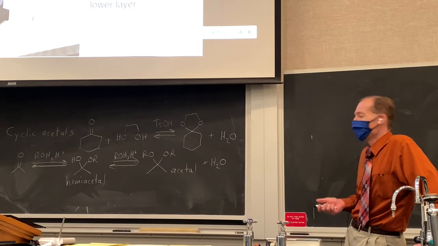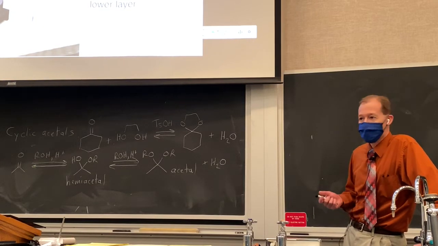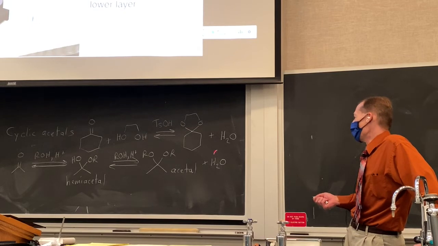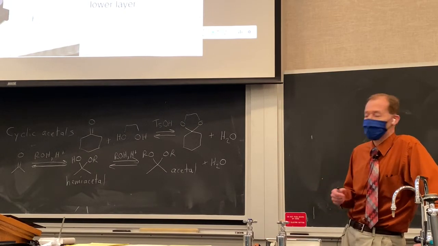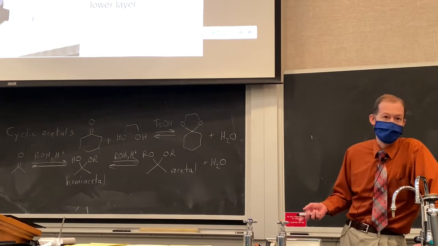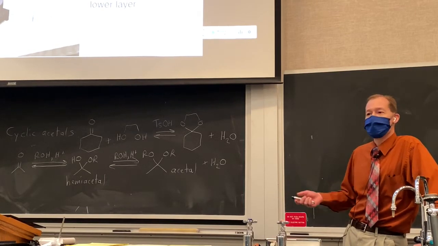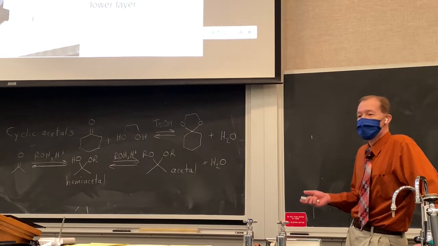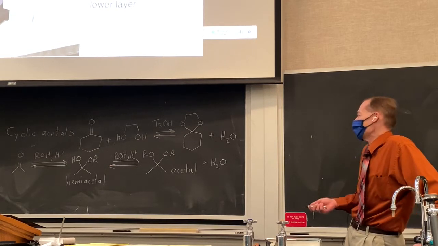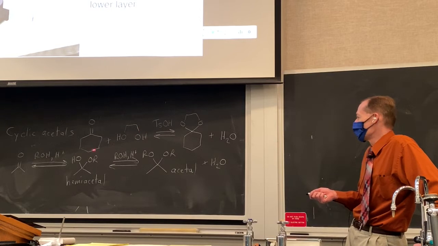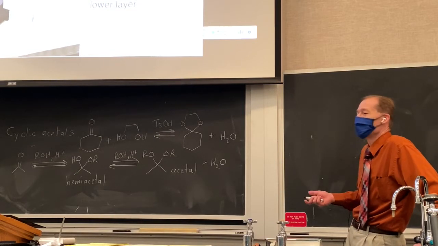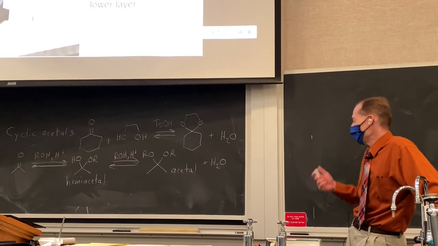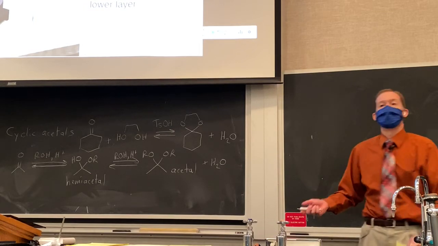And then in the second half of the mechanism, we eliminate out water, and we replace that with our second equivalent of an alcohol, generating the acetal. If we are making a cyclic acetal, this second step is going to be an intramolecular reaction, because the second OH group would be part of the R group of the hemiacetal. But if it's an acyclic acetal, we would have two different equivalents of our alcohols reacting to generate the acetal.